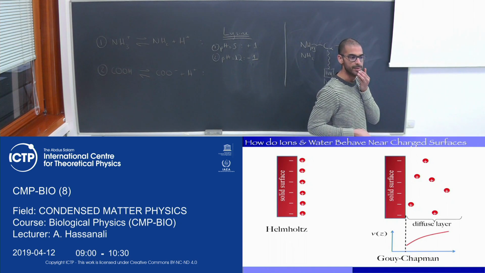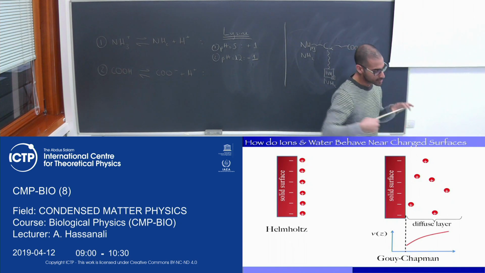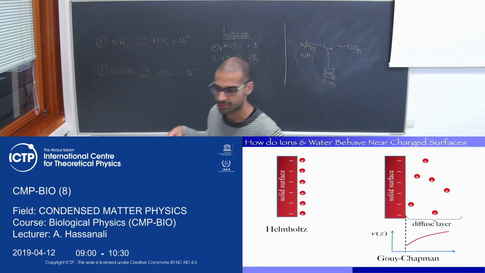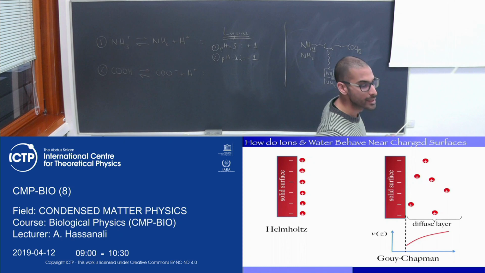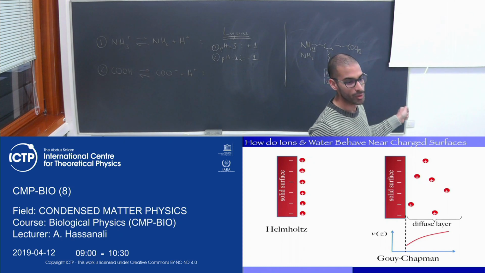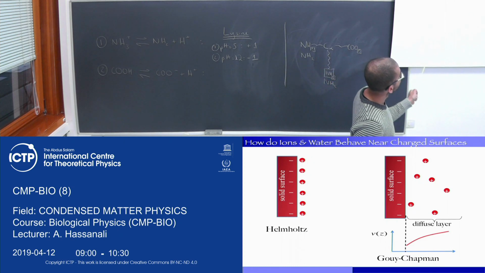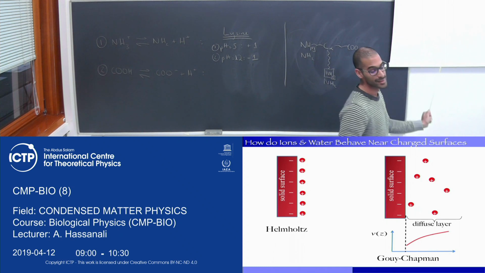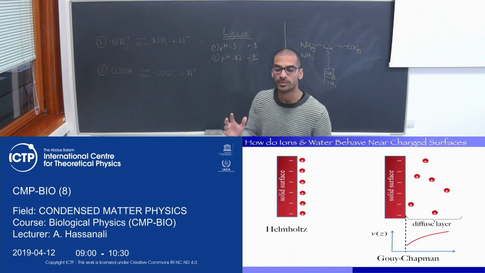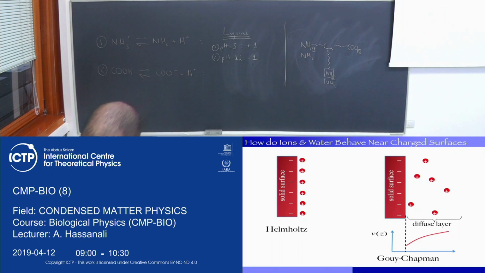around the charged surface. So there have been many conceptual models thinking about how to understand how ions layer near charged surfaces. So the simplest one and the most incorrect one is by Helmholtz. So what Helmholtz says is that if I have a charged surface, then all my counter ions layer right near the surface to form something like a capacitor.